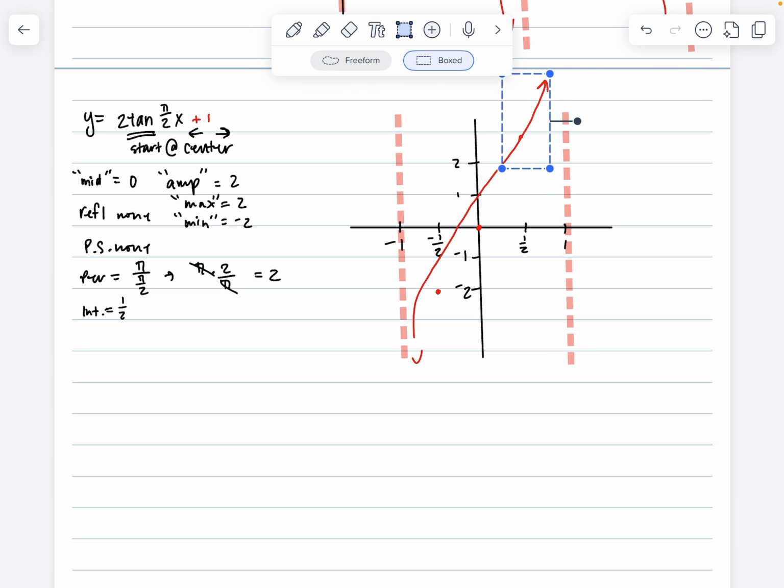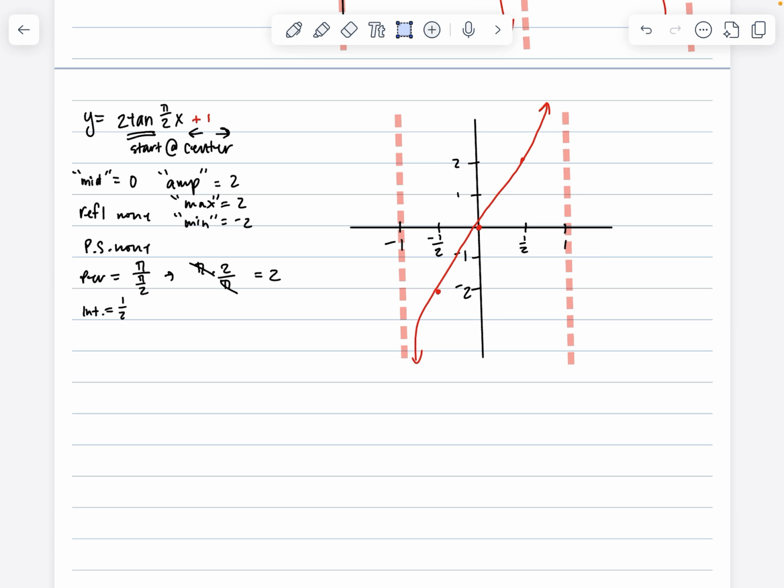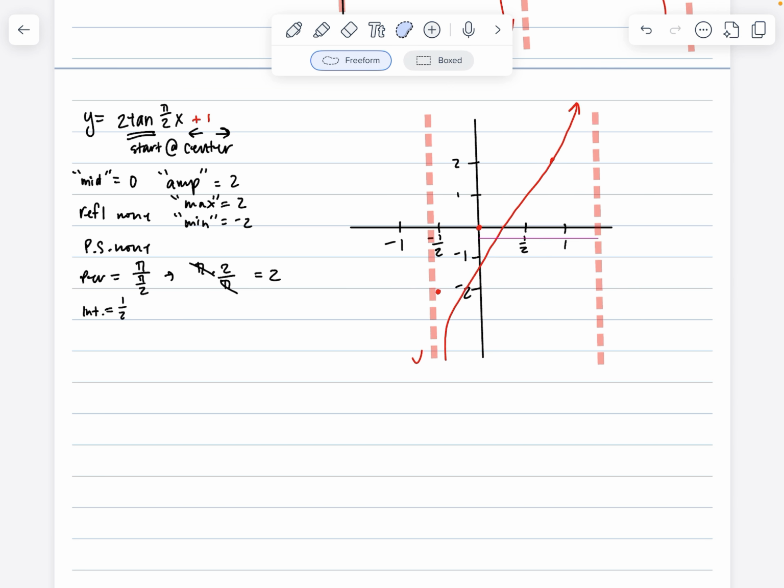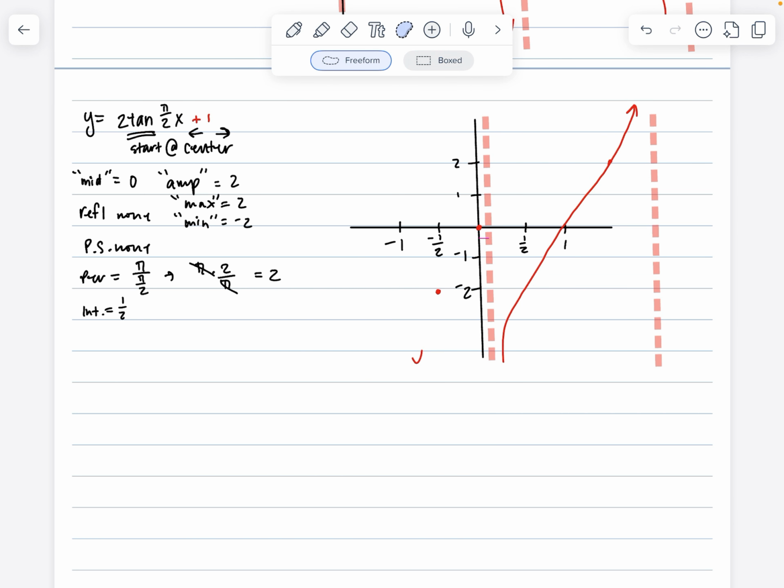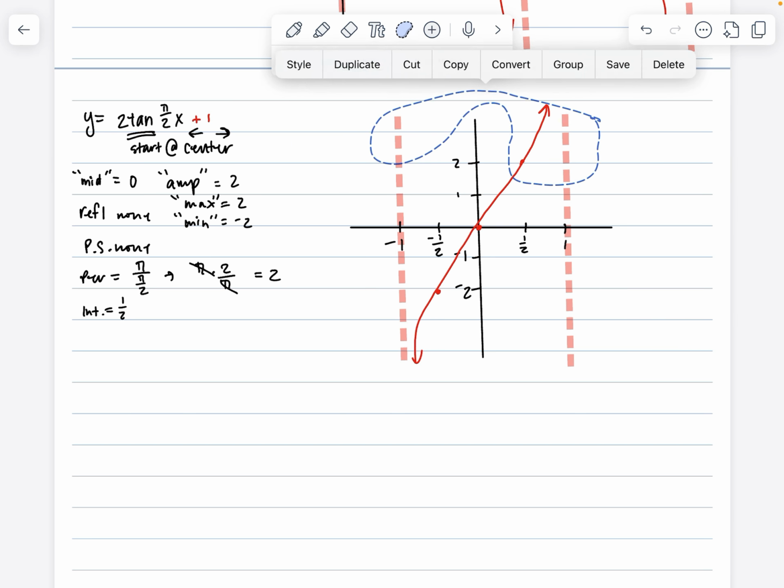Okay, the center would now be at 0, 1. Or if there was a phase shift, we would take the entire graph, including the asymptotes. So let's show this. If there was a phase shift to the right by 1 unit, then it would shift this way.